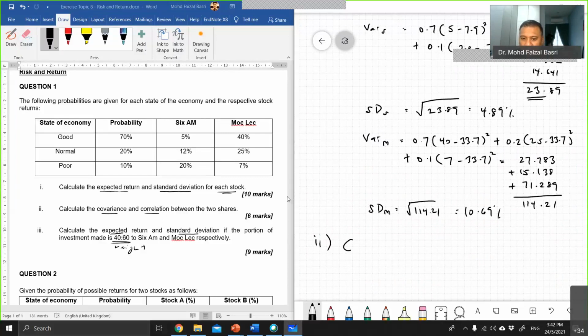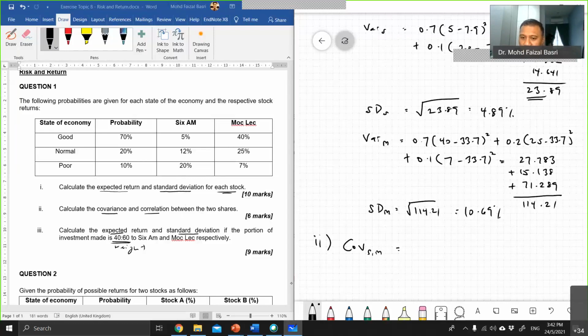So first, we want to calculate the covariance between S and M. For the covariance, we're going to use a quite similar formula to our variance.